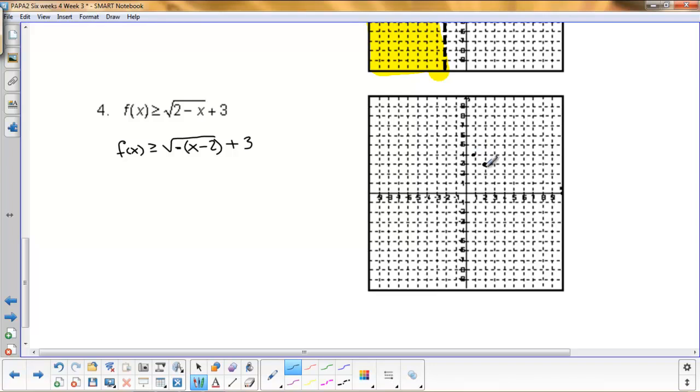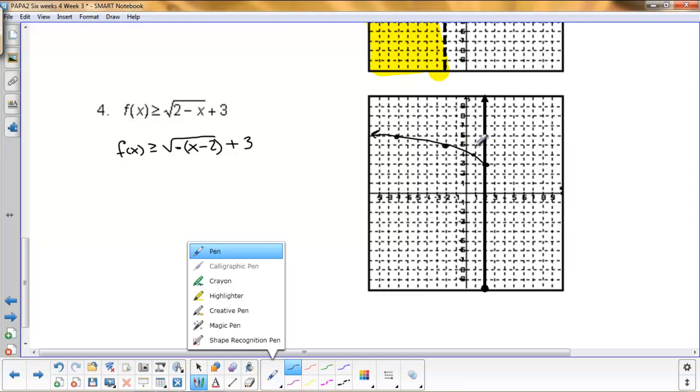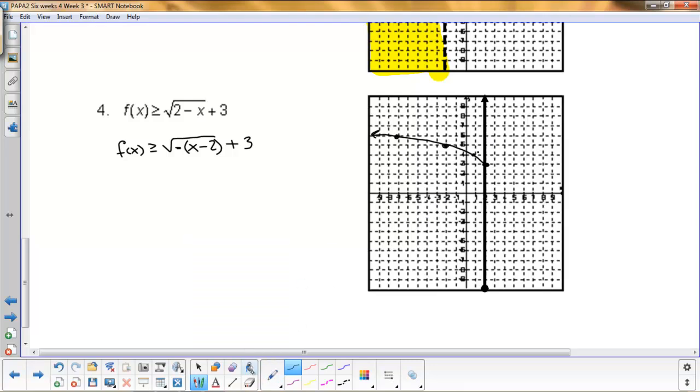Over 1, up 1, over 4, up 2, over 9, up 3. Now I'm back to that solid line. And because the square root function does not exist to the right of the number 2, I will be drawing in my boundary line. Because this is greater than, the solution set is going to be above the square root curve.